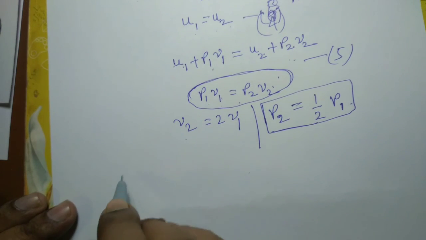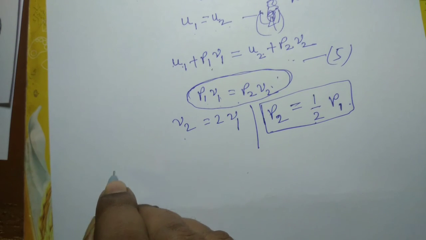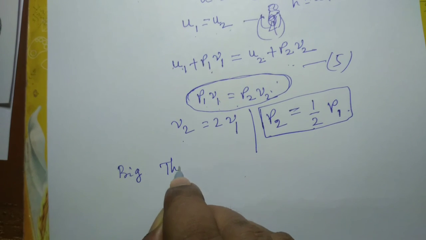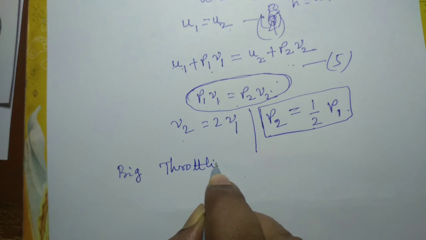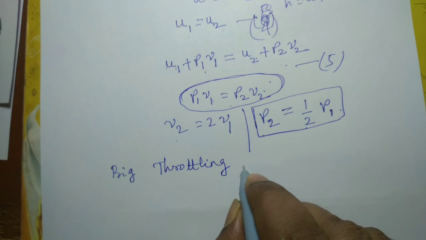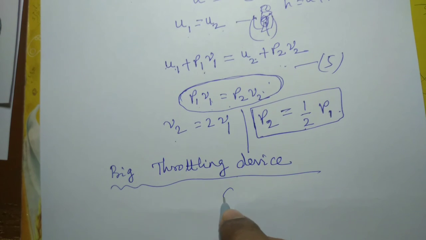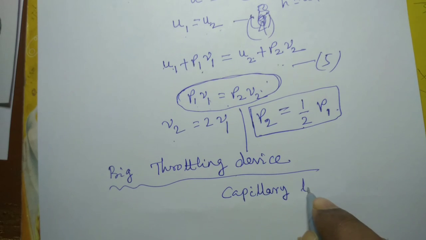And if it had been a big throttling device, what will be the equation? If the throttling device is big, meaning it has a large surface area, just like the capillary tube used in a domestic refrigerator.